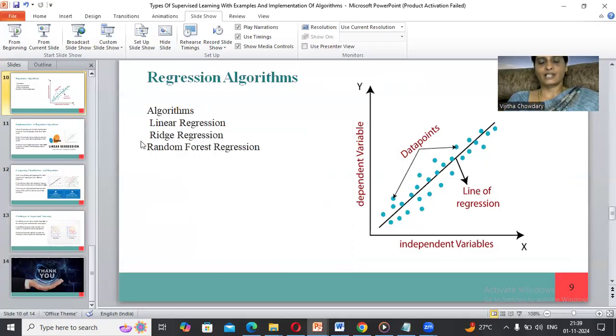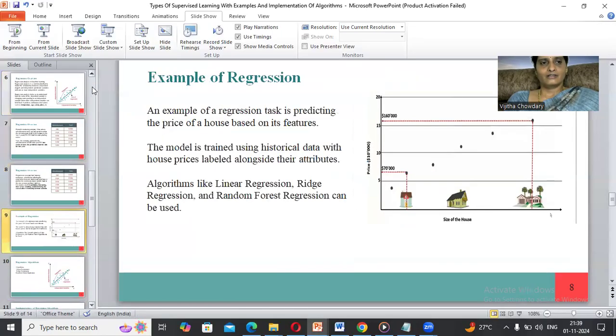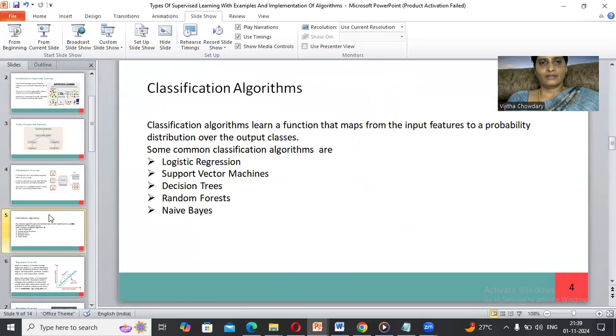Classification algorithms are logistic regression, support vector machines, decision trees, and random forest. Further, we will discuss briefly the classification algorithms, how the data is gained, and how to implement them on a data set, which can be used in classification and regression algorithms. Thank you.